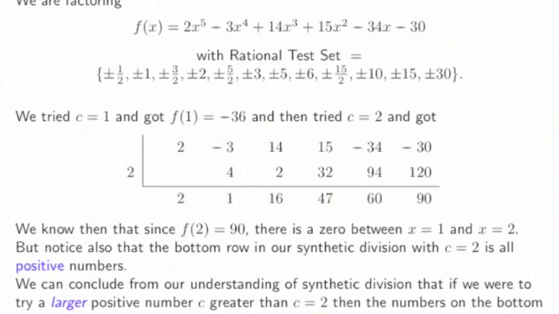If instead we had a larger number, c, then those numbers would get bigger still, and when we added, the positive row would get bigger still. So there's no chance of a 0 bigger than 2. Since 2 gives a bottom row of all positive numbers, anything else larger than 2 would give a bottom row of even bigger positive numbers. So we've found an upper bound on the zeros of our function.